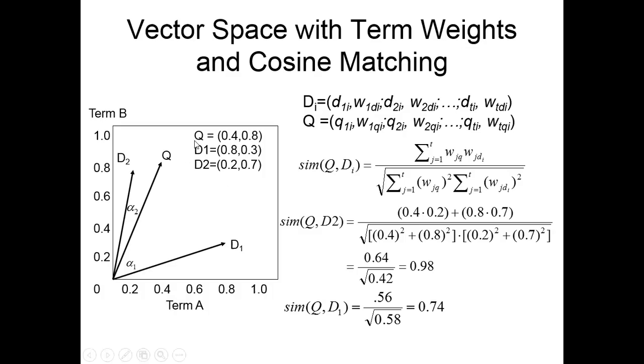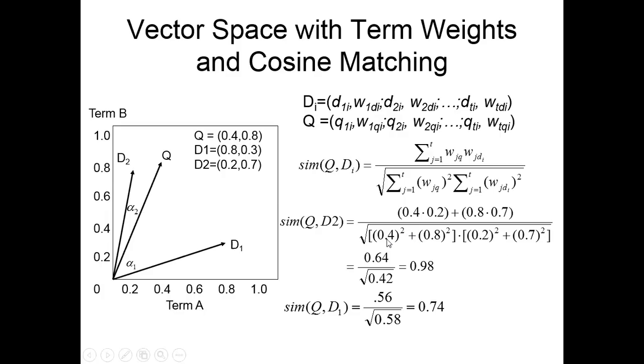In our case, if you compare the query in terms of term 1 and term 2 against document 2, since they are already weights, we just multiply 0.4 by 0.2 plus 0.8 by 0.7. Then we divide by the length of the query multiplied by the length of the document.